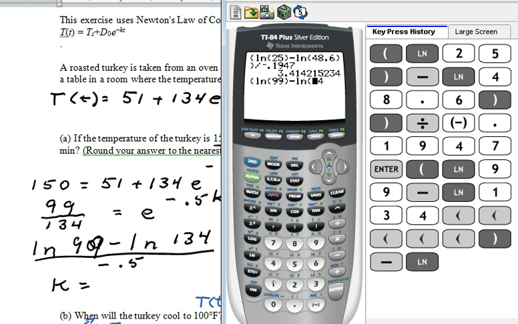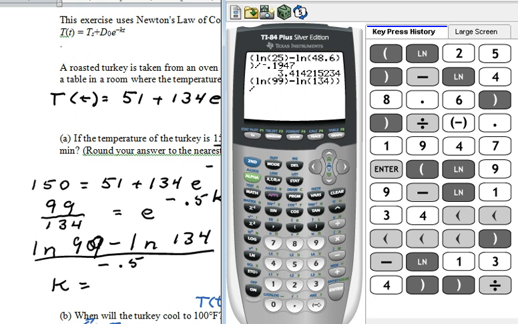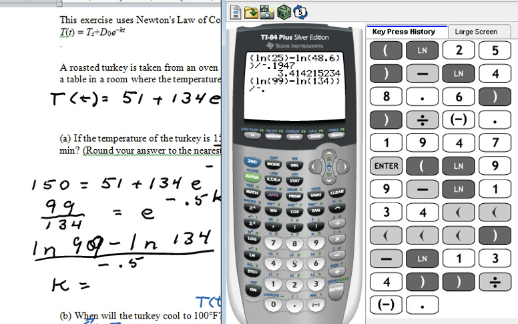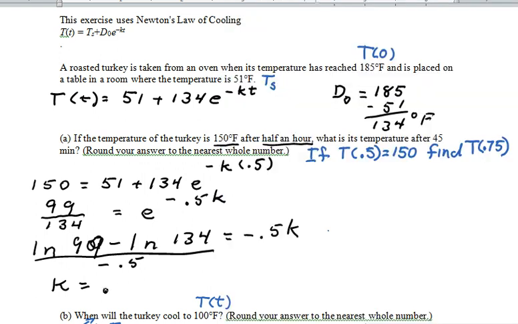Minus natural log of 134, close the parenthesis on the 134, and then close the parenthesis on the numerator, divide by negative 0.5. Enter. And we get k is equal to 0.6054, etc. We'll just keep one decimal place for that k and call it 0.6.